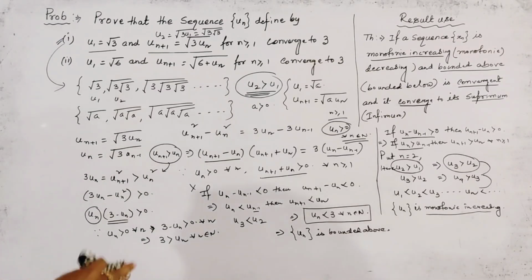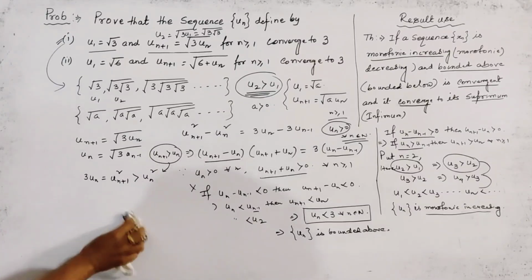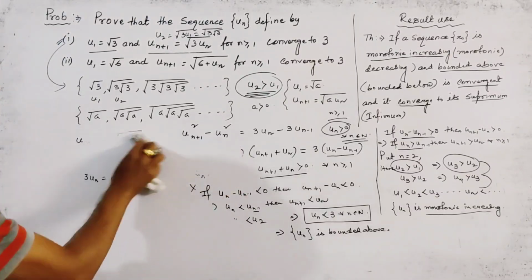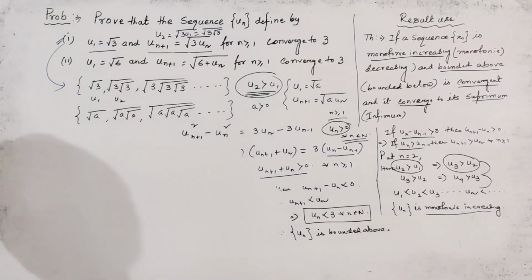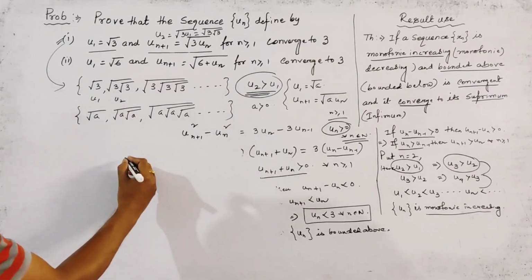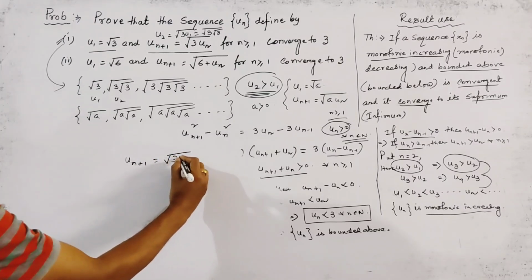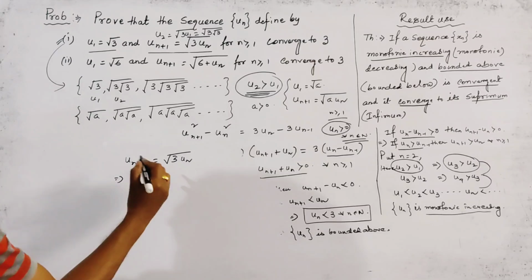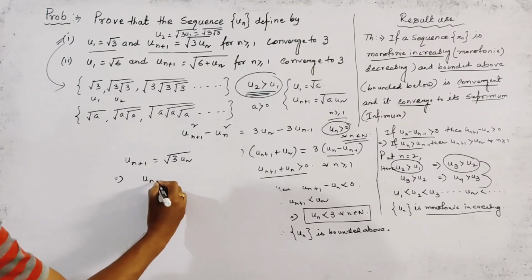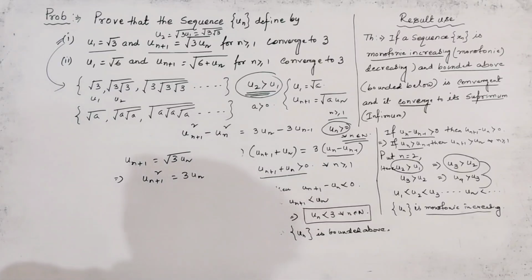How to find the point of convergence, or converging point? To find it, we again use the same given relation: un plus 1 equals root 3 into un. Squaring this relation, we get un plus 1 square equals 3 into un.